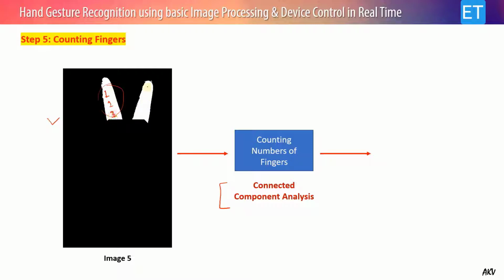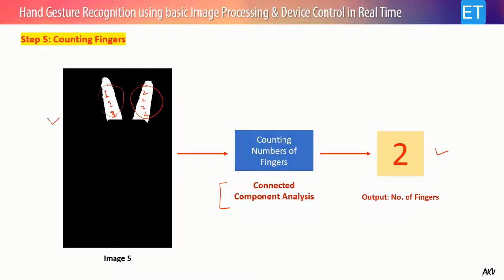Okay, and this is another group of pixels. Here each pixel will be given the number 2. In this way you can find the number of objects in this image. Obviously there are 2 fingers here, so I'm getting the count equal to 2. If there are 3 fingers, obviously I will get 3, and so on. So this is how we could count the number of fingers.